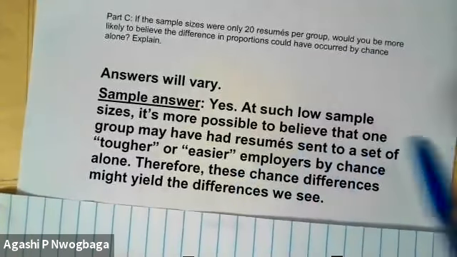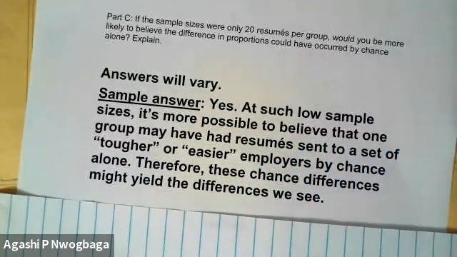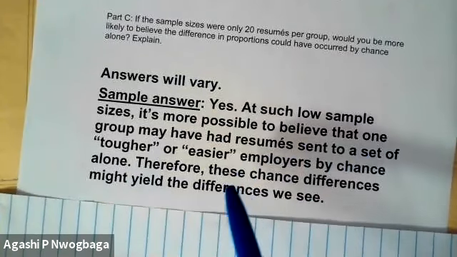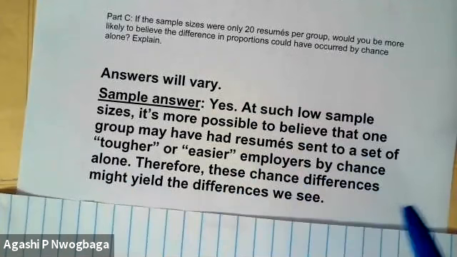At such low sample sizes, it is more possible to believe that one group may have had resumes sent to a set of tougher or easier employers by chance alone. Therefore, these chance differences might yield the differences we see. That is part C.